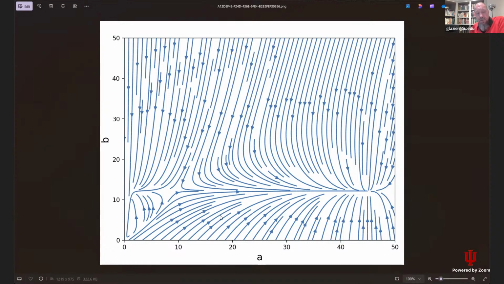Do I get an oscillatory result? Or do I go to that fixed point on the right, the one about 45, 10? And that'll define the basins of attraction. And you can see where they are. And the boundaries between those are called separatrixes. And they're related to, but not the same as, the null lines.